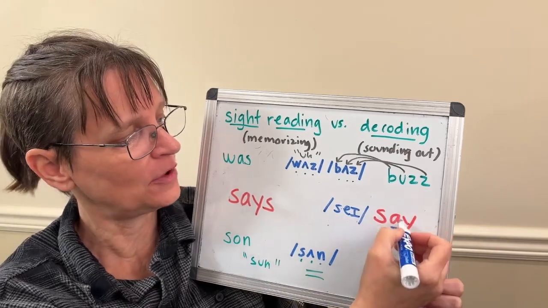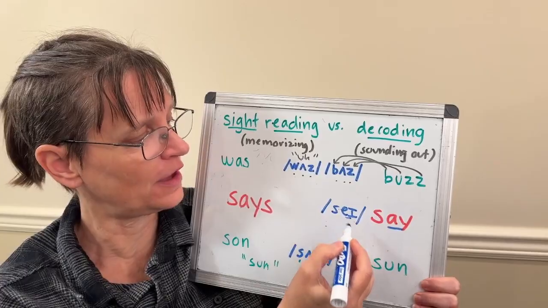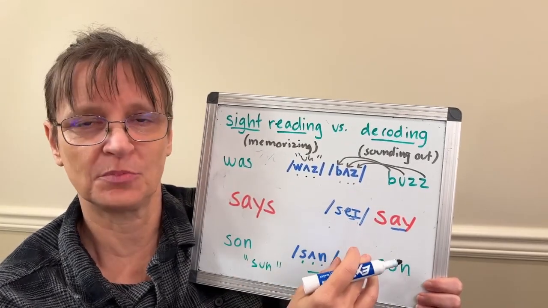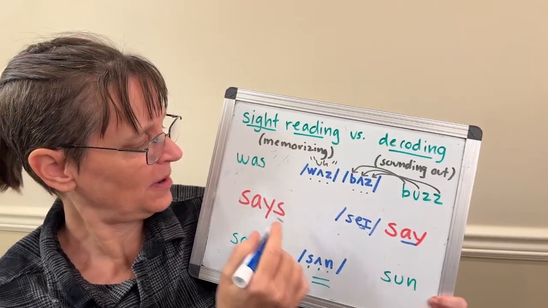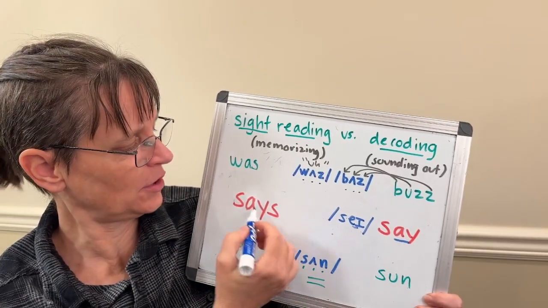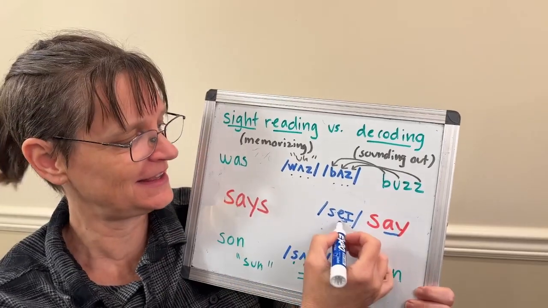I do need to know that AY says A, one sound or one diphthong, rather than A and ya. But that's pretty basic spelling and reading and decoding. But when I come over here to says, all of a sudden it doesn't follow the rules anymore. I have my A, which most of the time, 95% of the time, is going to say the A sound.